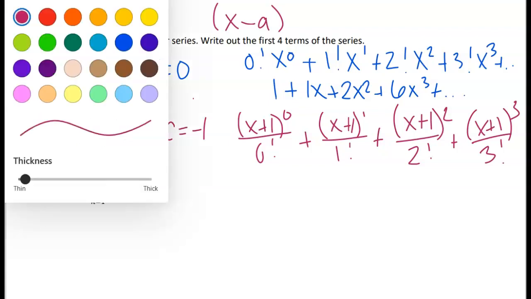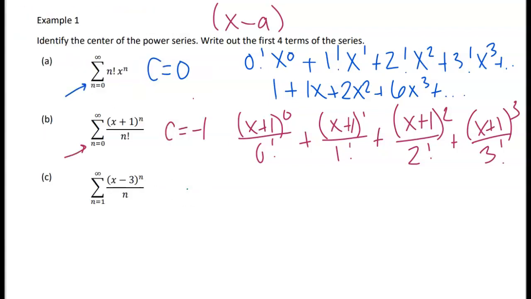All right, let's look at our last one. Here I have x minus 3. That means that a must be 3, or it's centered at 3. This one I start at 1. Well, that's because I can't start at 0 because n's in the denominator.